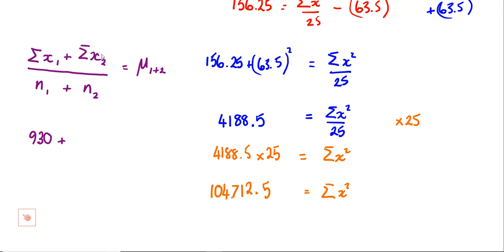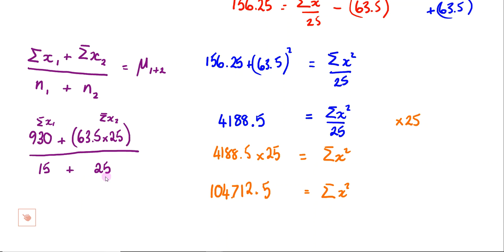Well, we can work it out because we did know the mean, and we knew that there were how many people? 25, so that's the sum of the first set, that's the sum of the second set. And then if we divide that by the number in the first set, which is 15, and the number in the second set, which was 25, we get the means together, 62.9, which has been rounded.